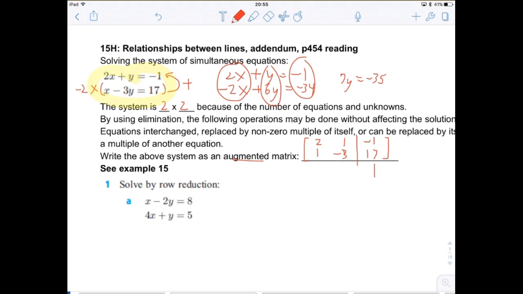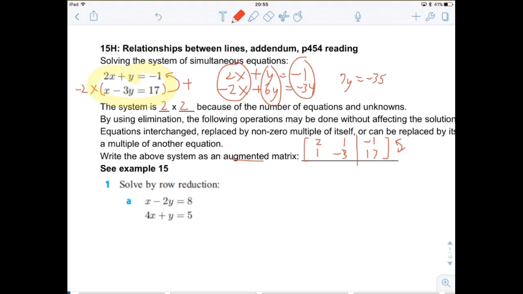Augmented meaning that I have added this column to make it into a slightly larger matrix to represent a system of simultaneous equations. And you could do this for a 2-by-2 or a 3-by-3 or larger. Okay, and what are the different operations you could do? I could switch these two rows.